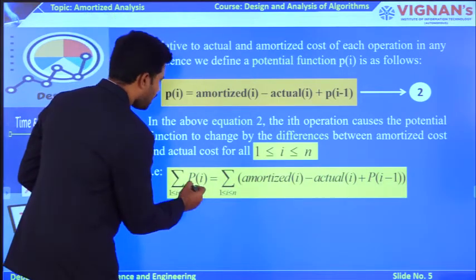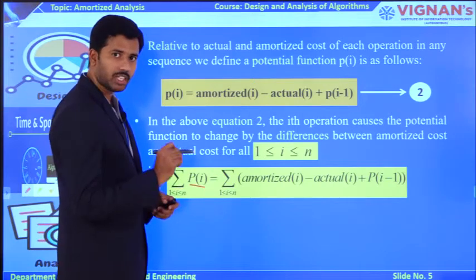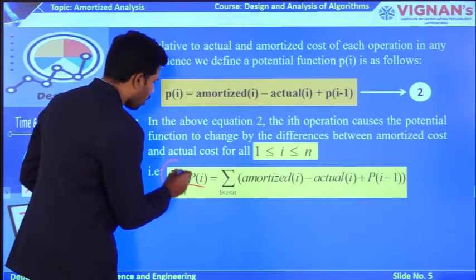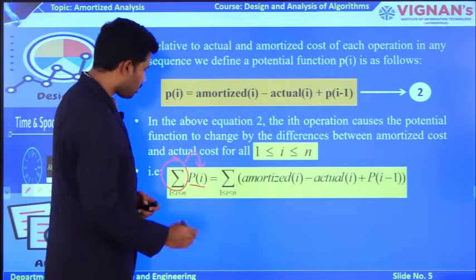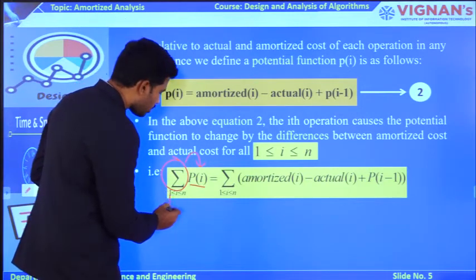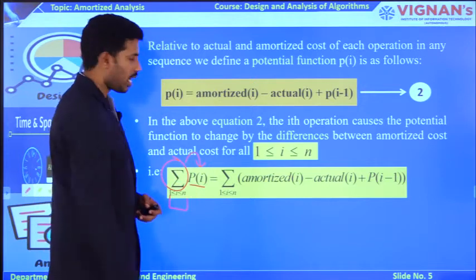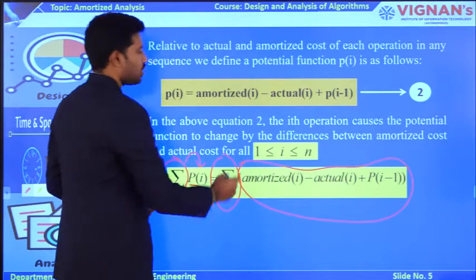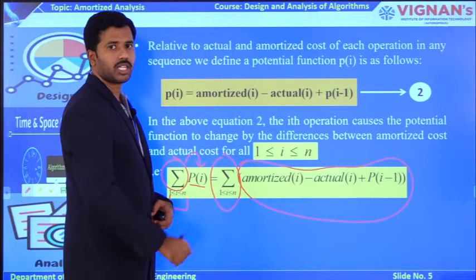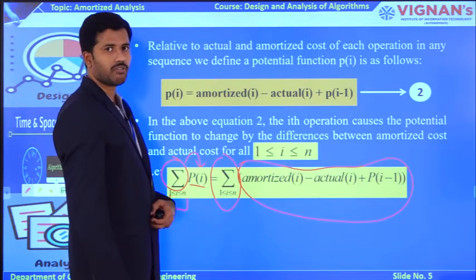P of I denotes the potential function for the ith operation. If you apply sigma on P of I, it produces the potential function for all the instructions from 1 to n. Likewise I am applying sigma to amortized of I minus actual of I plus P of I minus 1.